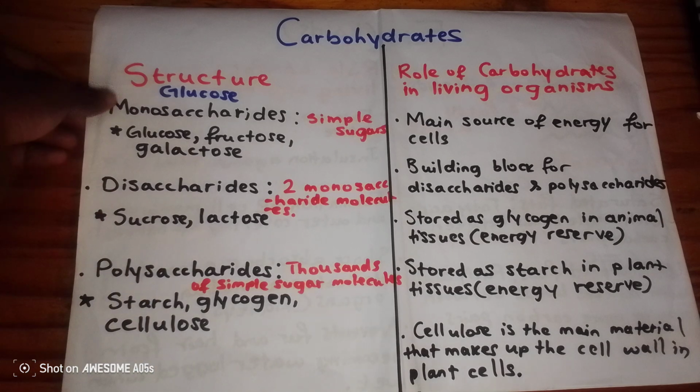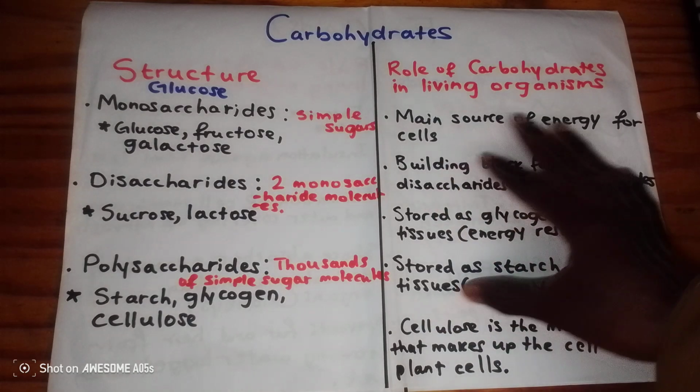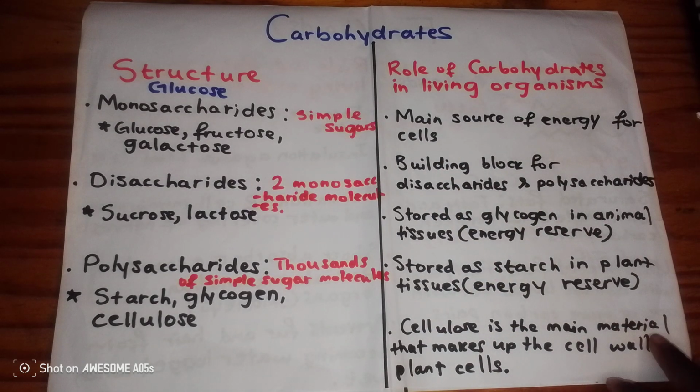Now, we will look at the role of carbohydrates in living organisms. So, number one, carbohydrates are the main source of energy for cells. That's why we always need sugar. That's why we always need to eat starch foods such as rice or bread, which are rich in starch for energy, because carbohydrates are the main source of energy for cells.